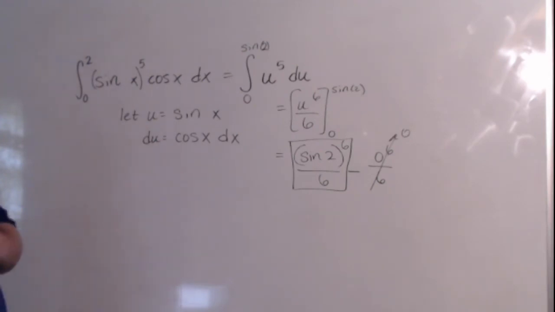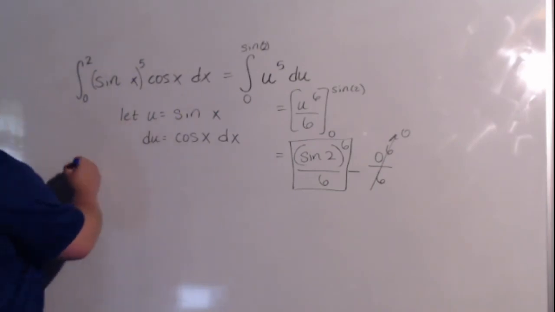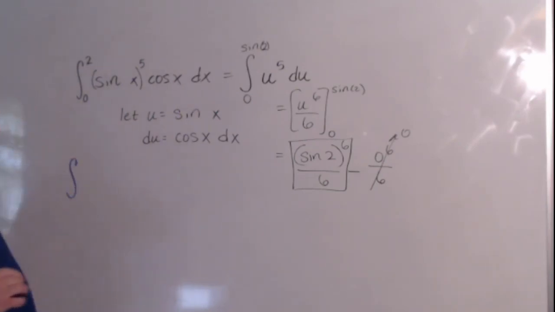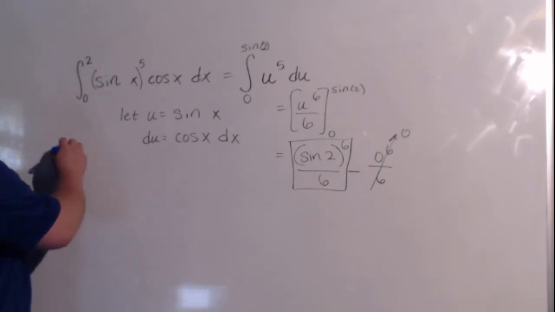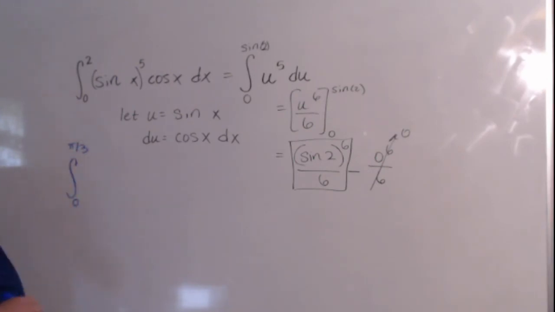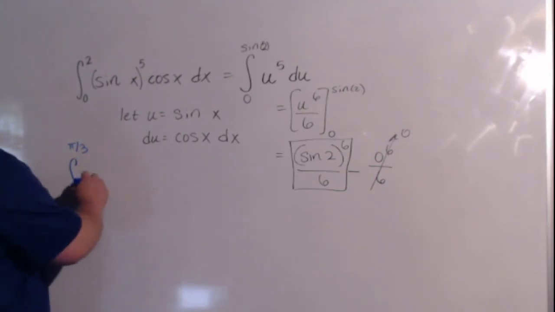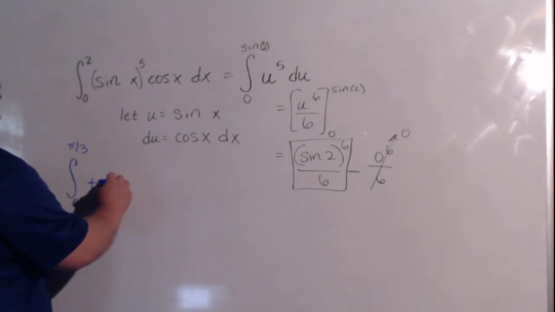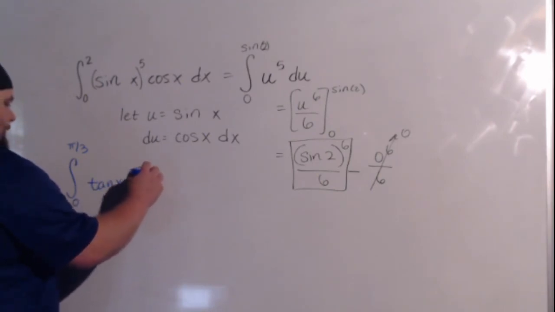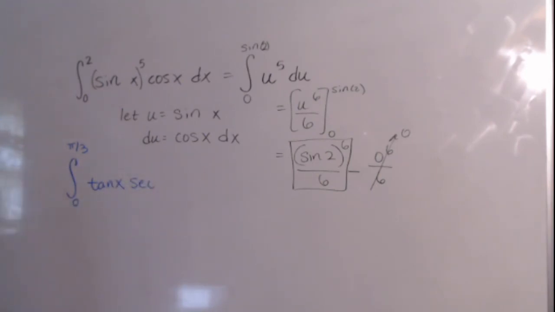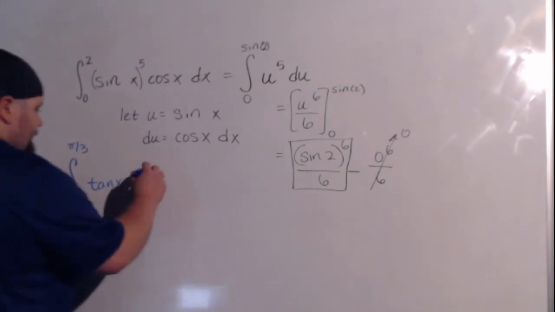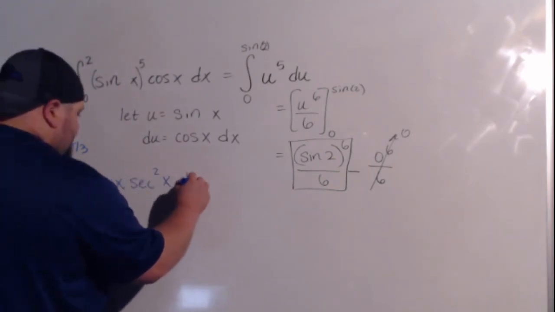All right, one more example of this. The integral from 0 to pi over 3 of tan x secant squared x dx.